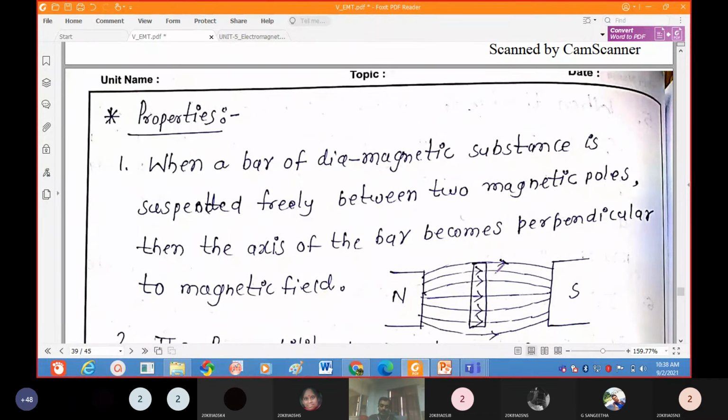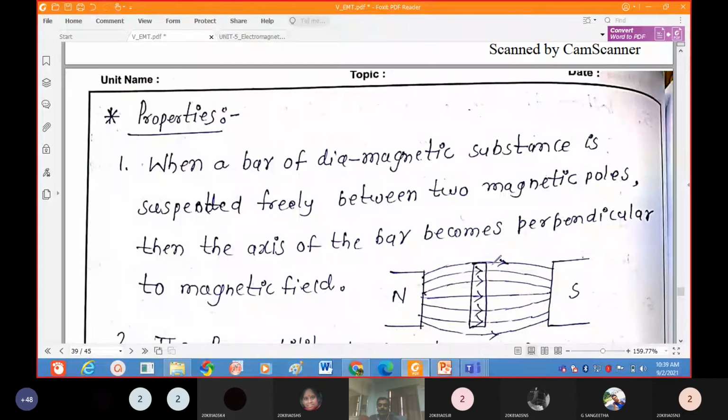Now let us place a diamagnetic material in between, in this magnetic field. The axis of the bar becomes perpendicular to the magnetic field.